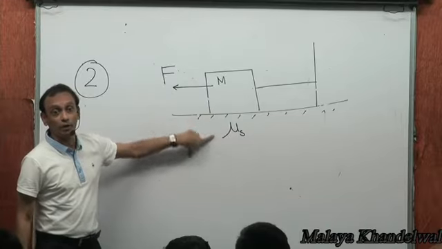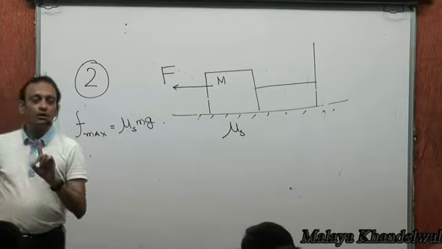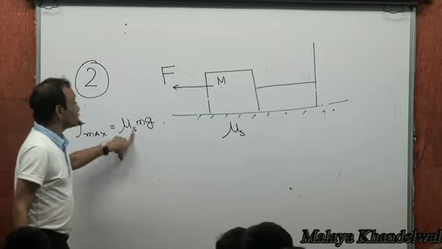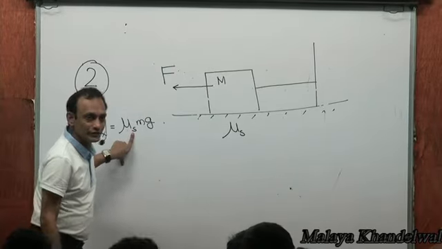Mu s mg is the maximum static force between the block and the ground, right? When capital F assumes this value, then friction becomes equal to this value and it still maintains this block in equilibrium.